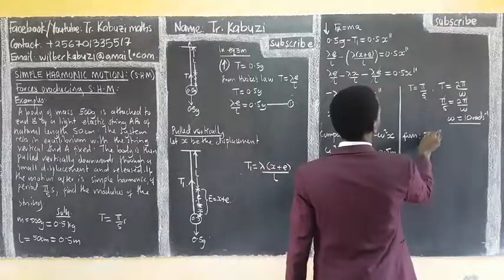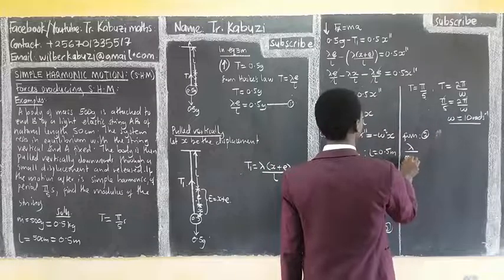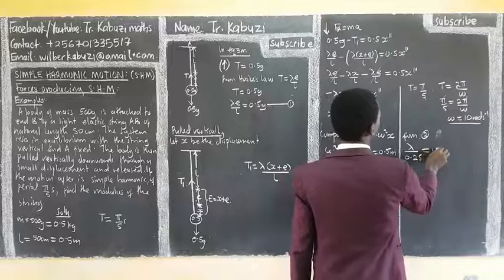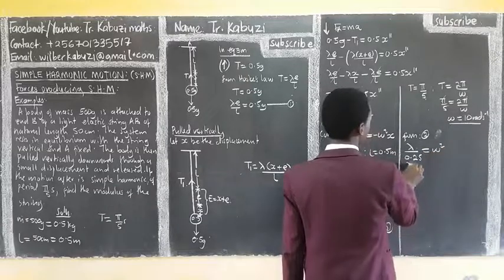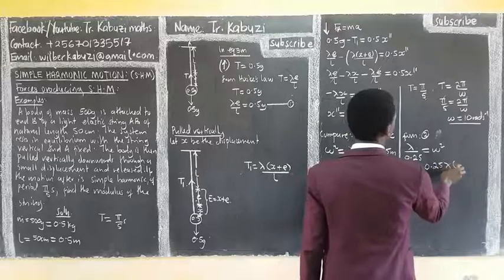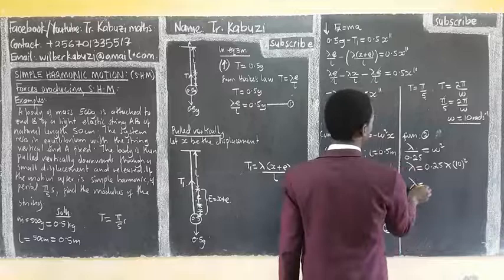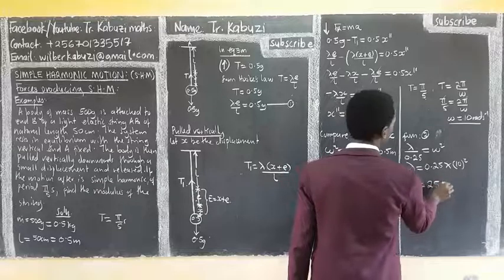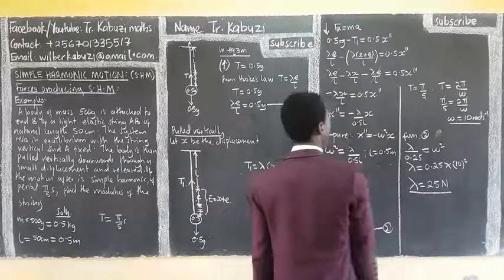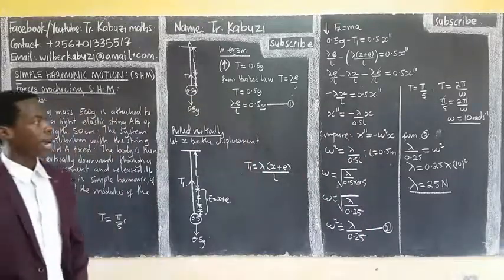From 2, we had lambda over 0.25 equal to omega squared. Our lambda is going to be 0.25 times 10 squared, which is 25 newtons. So that's the modulus of elasticity they wanted us to calculate.